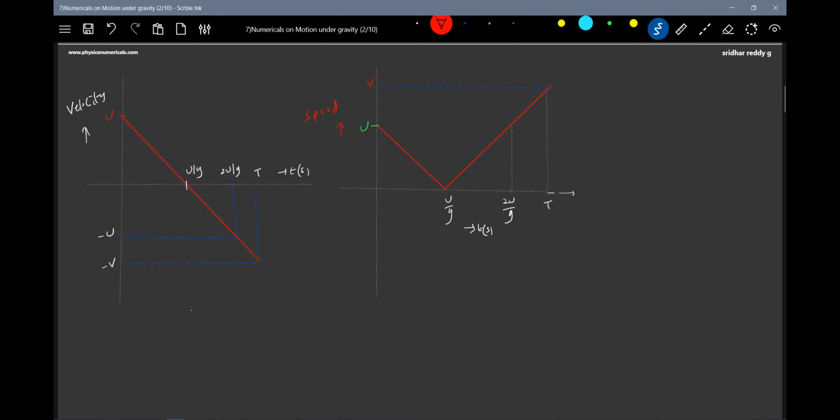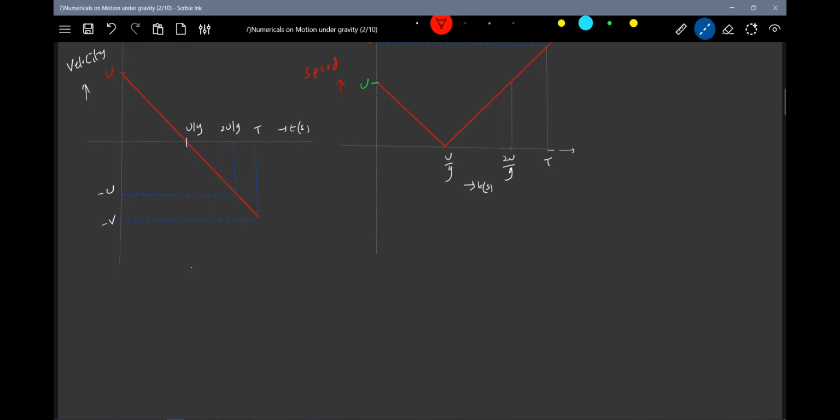What about the distance covered? The next idea. First, it will undergo retarding motion, then accelerated motion.